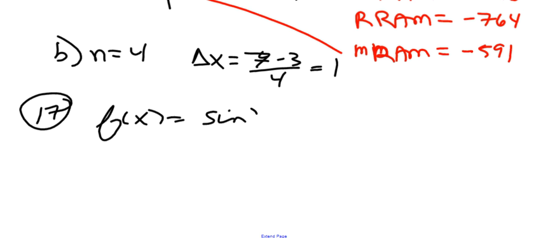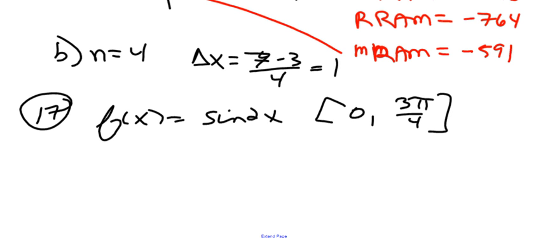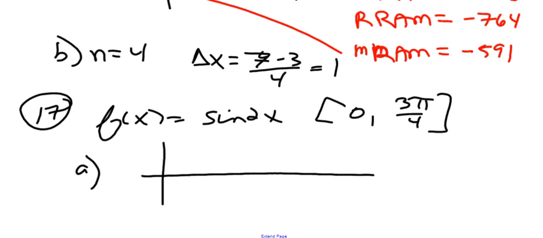I have sine of 2x on the interval from 0 to 3 pi over 4. I highly recommend trying to sketch this one without a calculator. Just remember all of your trig. If I have pi over 4, pi over 2, 3 pi over 4, remember that sine goes from 1 to -1.